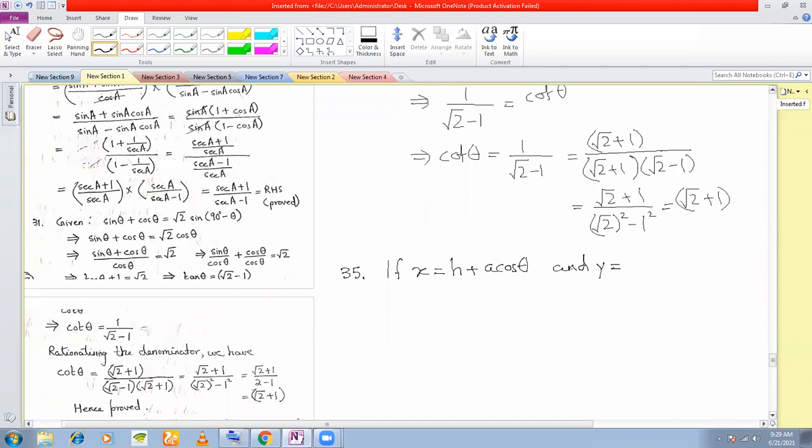Question is, if x is equal to h plus a cos theta and y is equal to k plus a sin theta, prove that x minus h whole square plus y minus k whole square is equal to a square.